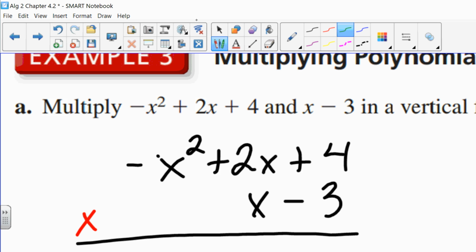Negative 3 times 4 is negative 12. Negative 3 times 2x is negative 6x. And negative 3 times negative x squared would be 3x squared. The big difference with this and our others using just two numbers is we do have multiple terms and addition, subtraction signs in the middle.